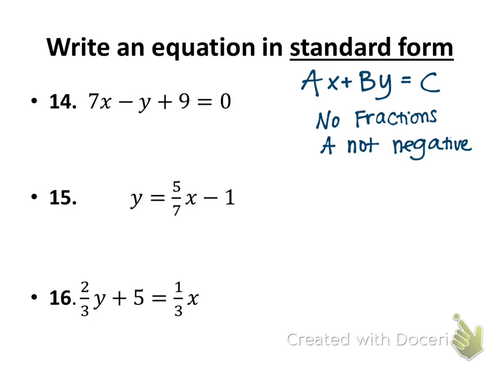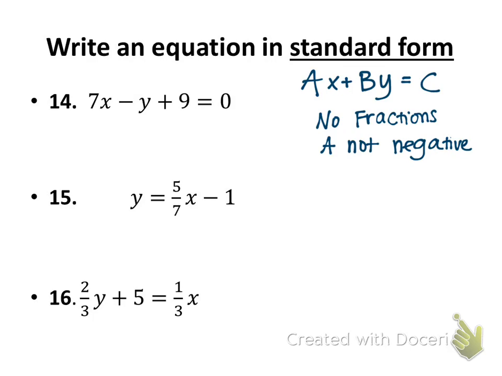So let's look at the first problem here. Standard form is an order in which we write an equation. So it needs to be AX, BY equals C. So I have AX right here. BY. Is my equals next? No. C. So which one of these numbers is out of place? The positive 9.